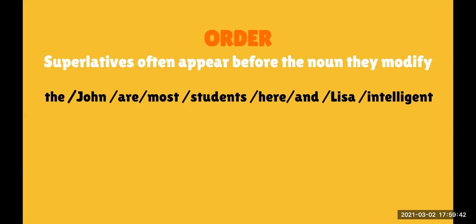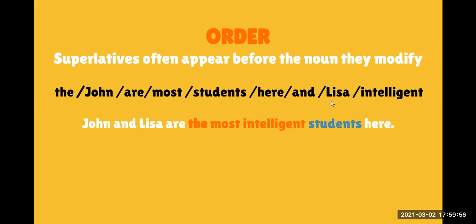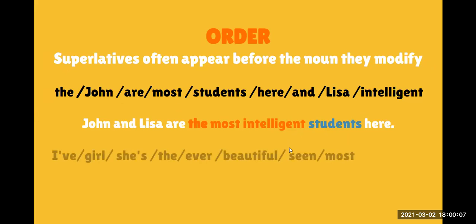John and Lisa are the most intelligent students here. Yes, both of the sentences are correct. As you can see, we are modifying students. We are talking about students, so we have the most intelligent before students. Okay, let's see the next one.